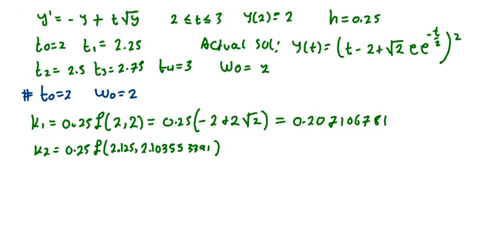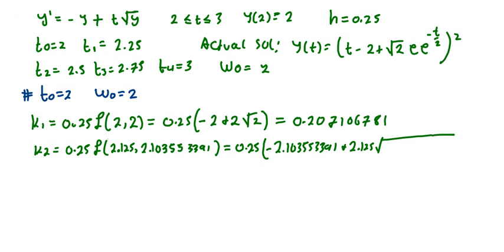So this is going to be equal to 0.25. In a similar manner, the way we substituted in this differential equation, that's the same thing I'm going to do right here. So this is going to be like minus 2.10355391 plus 2.125 times the square root of this same value again.